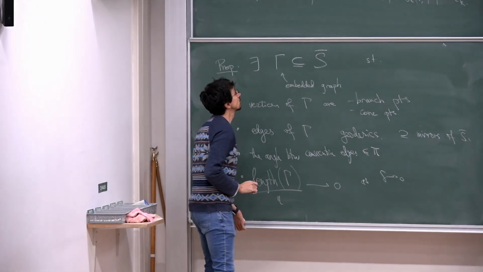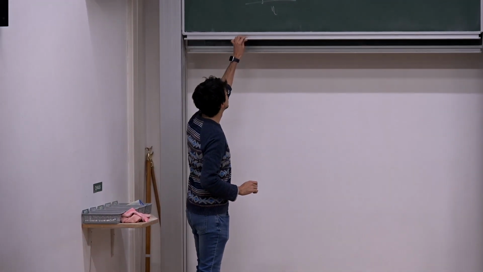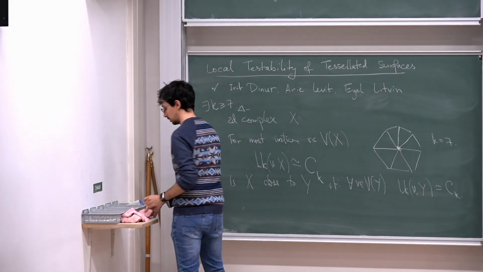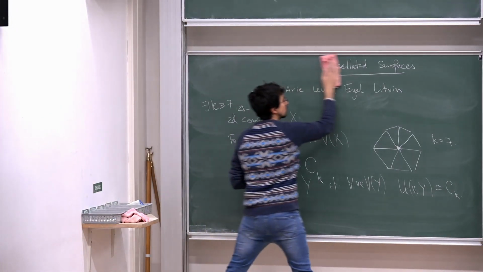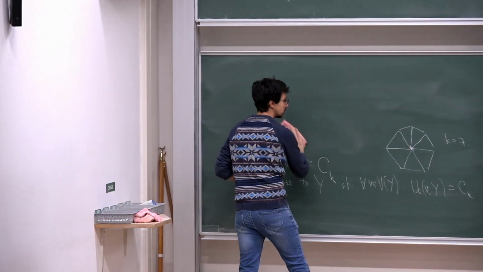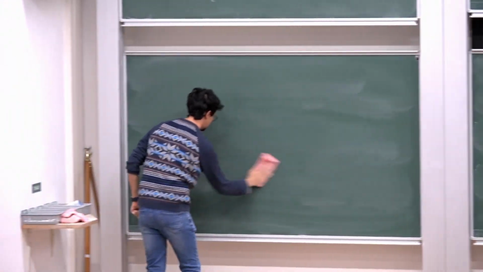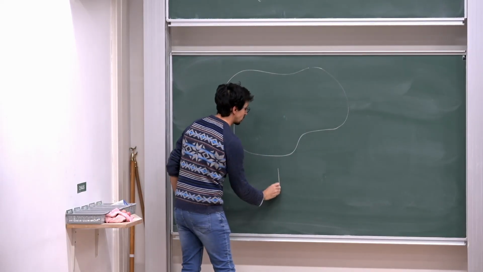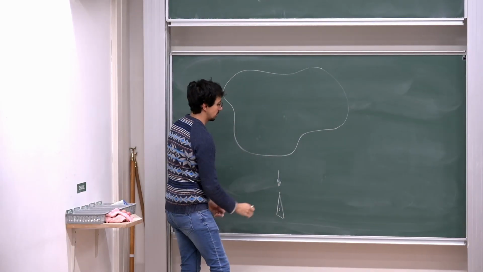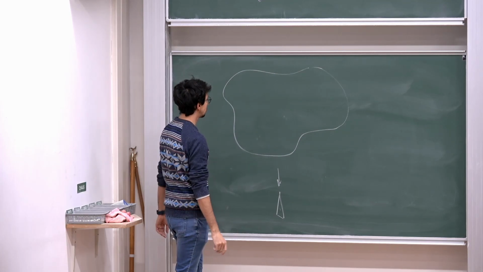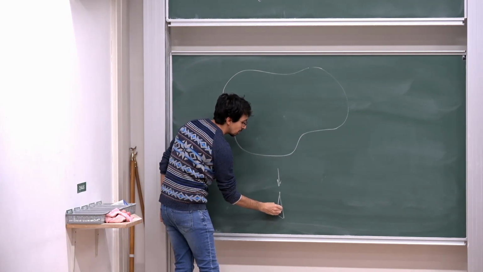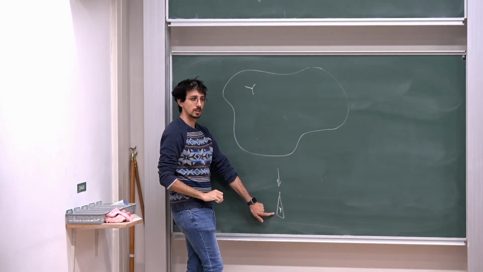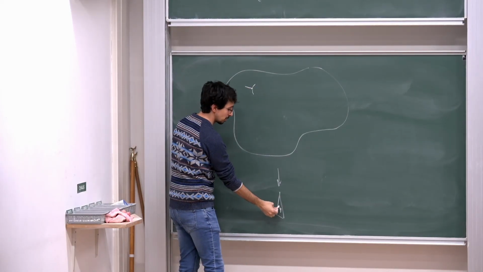Okay, let me do a sketch. Here is my branch covering, and in here I have points that branch over this little guy. The angle here, say, is 6 pi instead of 2 pi.